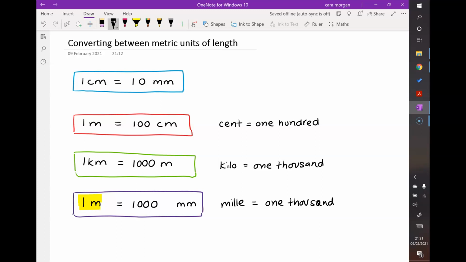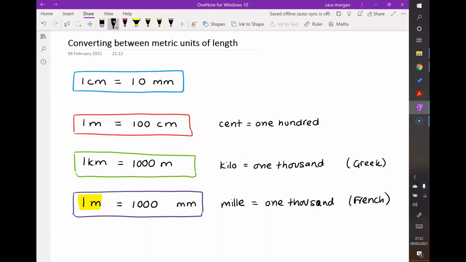Whoops. And so I have kilo from Greek and I have mille from French to help us. So actually a millimetre is 1,000th of a metre. That's what a millimetre means. A centimetre means 100th of a metre.